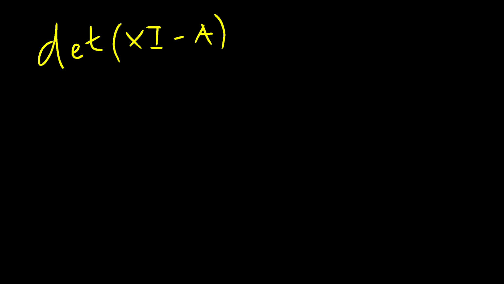We need to get the determinant of xI minus A. That is basically the characteristic polynomial of matrix A in terms of x.